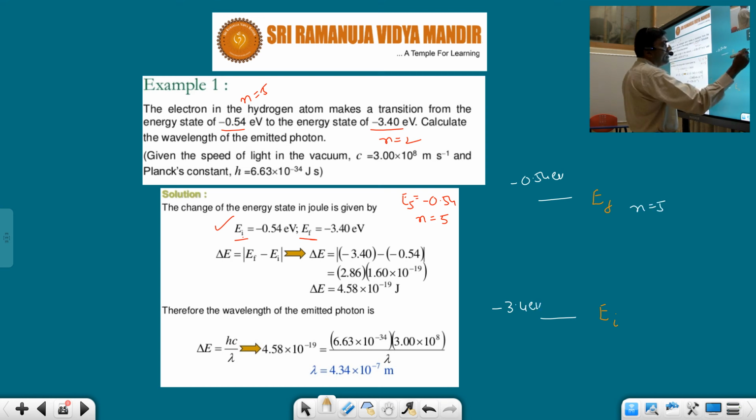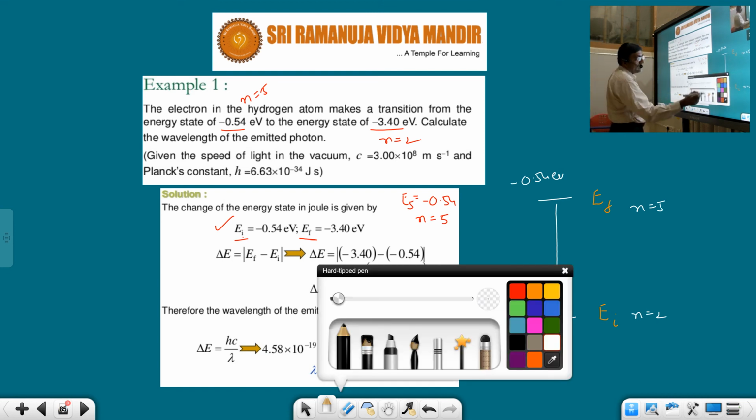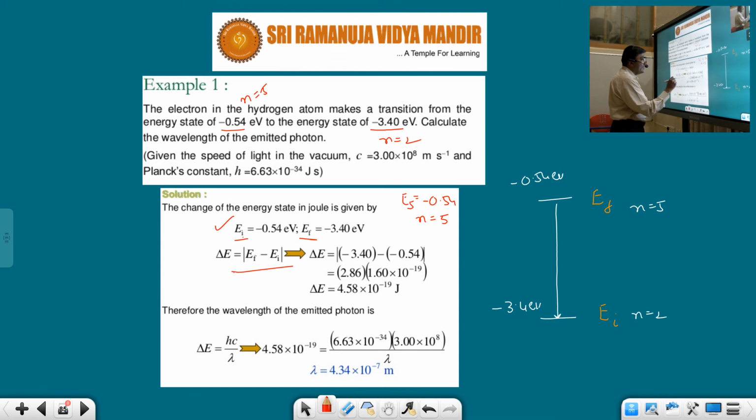This is n is equal to 5, this is n is equal to 2. The electron transition is from the final orbit to the initial orbit. If you calculate how much energy, in joules, you get 4.58 into 10 power minus 19 joules.